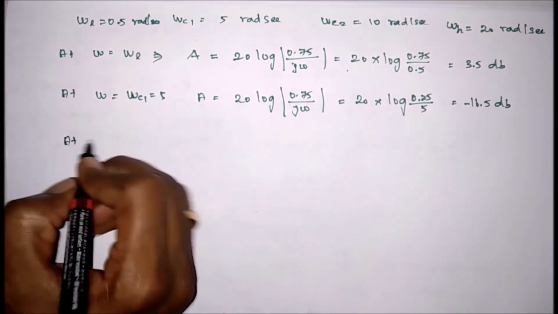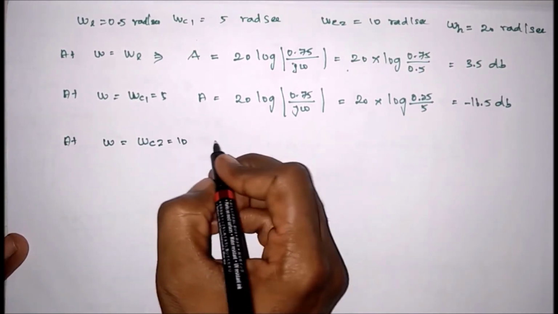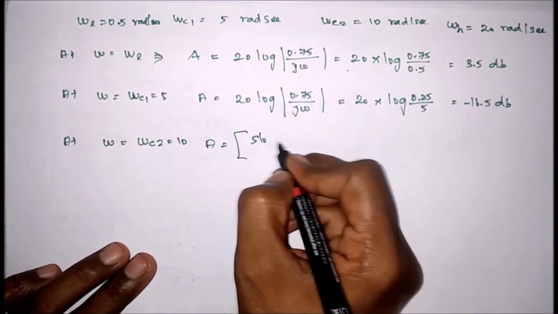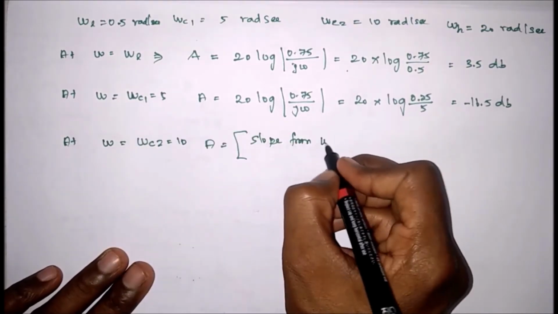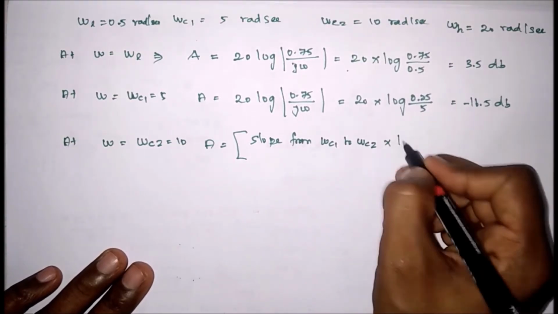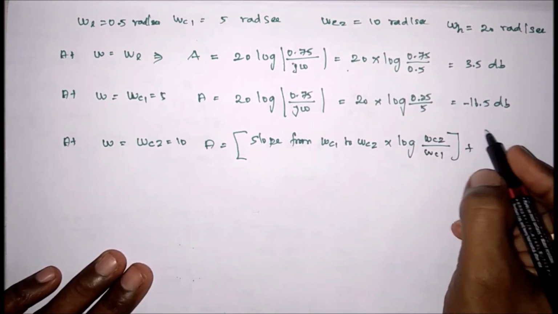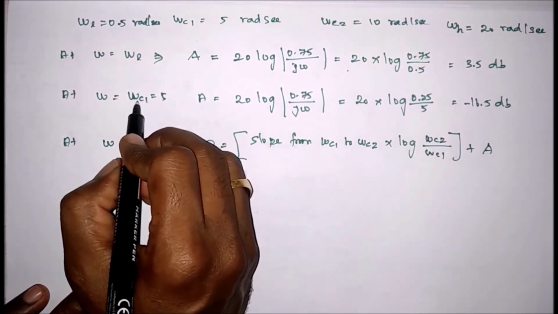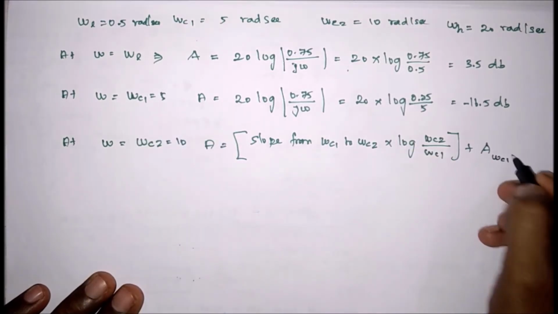Next, at omega equal to omega C2, equal to 10, we use one formula: A equal to slope from omega C1 to omega C2 into log omega C2 divided by omega C1 plus the previous gain, the gain at omega C1.